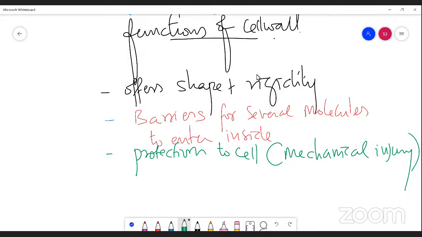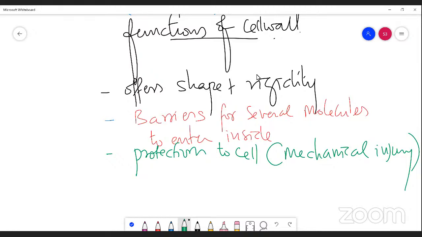There are several functions, but we have a few as per the syllabus. The third point is that it provides protection to the cell against mechanical injury. If mechanical injuries happen, the injury is prevented by the production of secondary cell wall.